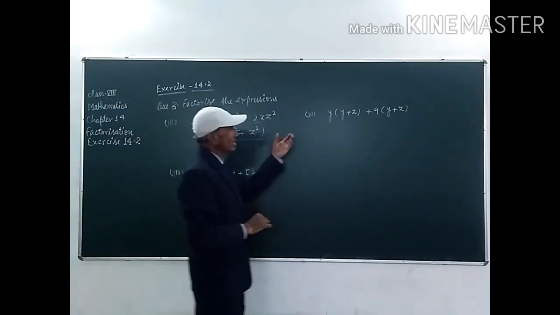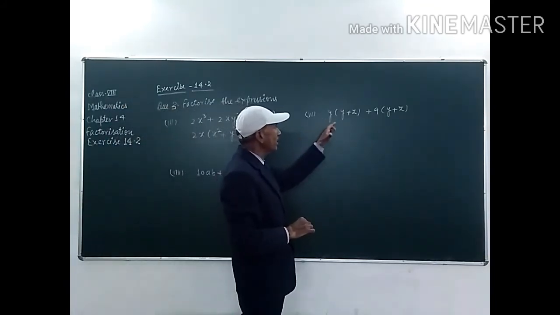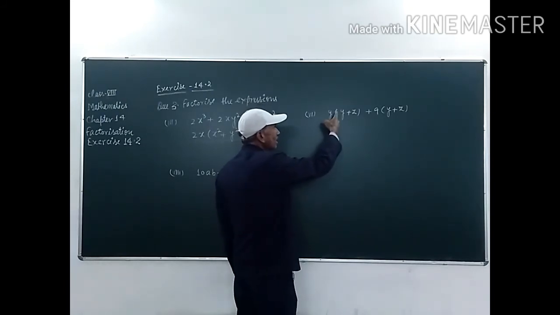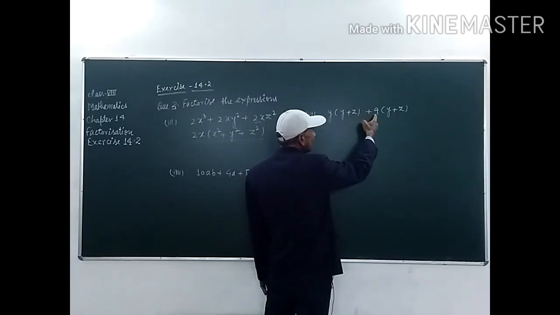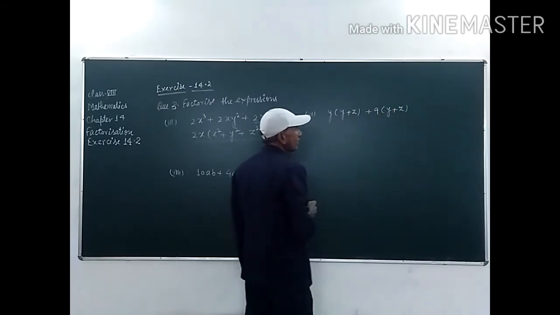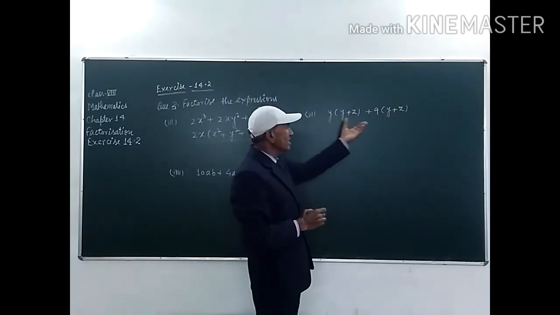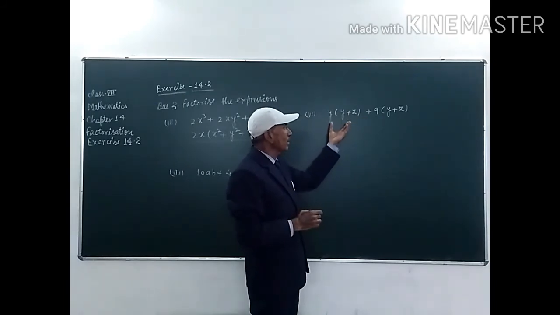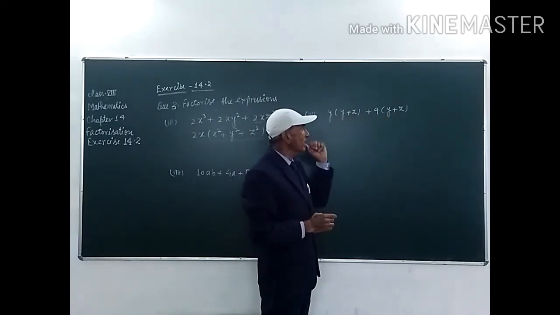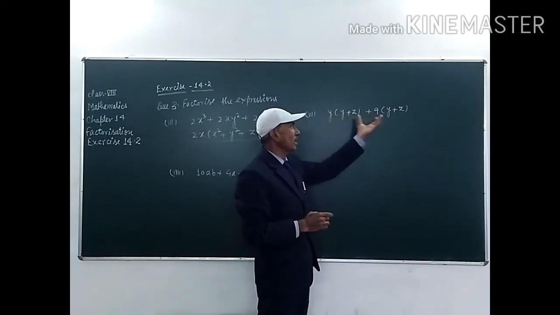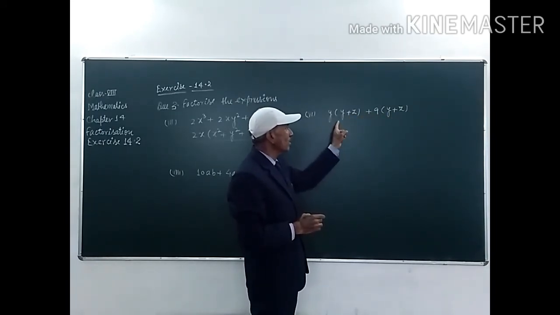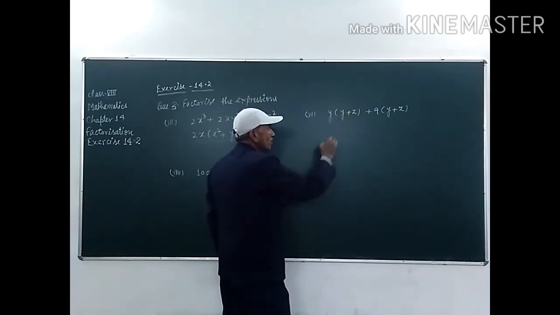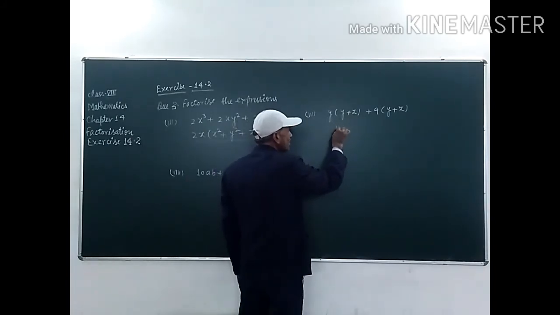Now this one is the sixth part of the question, students, and in this y into y plus z in one bracket plus 9 into y plus z. So in this expression, what is common between these two terms, students? There are two terms, first term and this one second term. So in these two terms there is y plus z common. So we have to take y plus z as common.